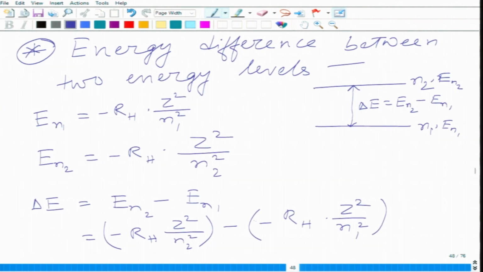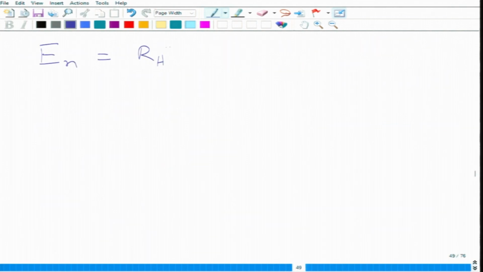So this will be plus, and this can be written as RH into Z squared by n1 squared minus RH into Z squared by n2 squared.